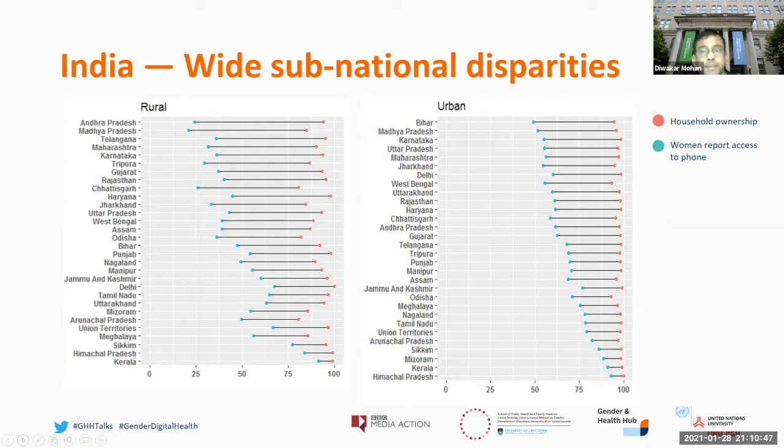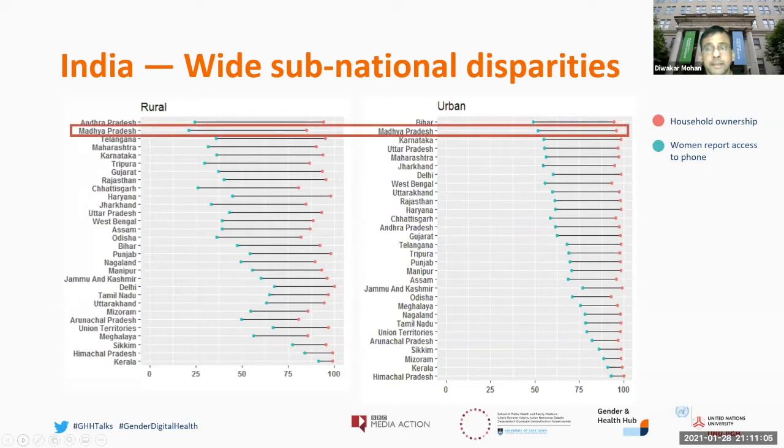The gap, represented by the length of the line segment, is on average smaller among the urban population of the states compared to the rural populations. The rural gap is as large as 60% in some states and 40% in urban areas. Madhya Pradesh, which we will highlight in the rest of the presentation, has high rural and urban disparities.